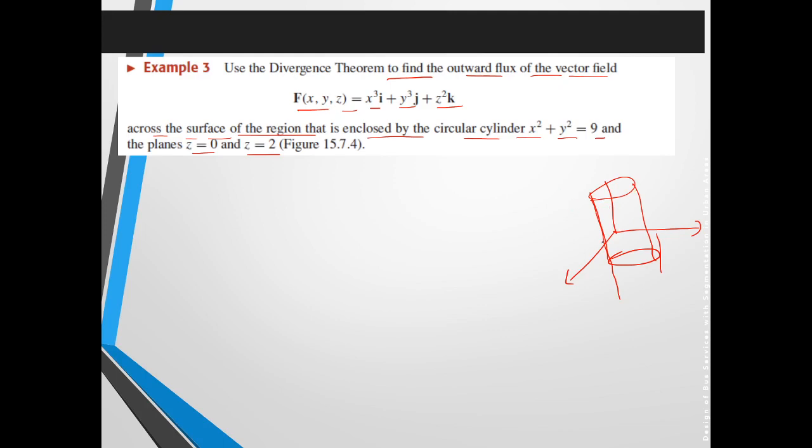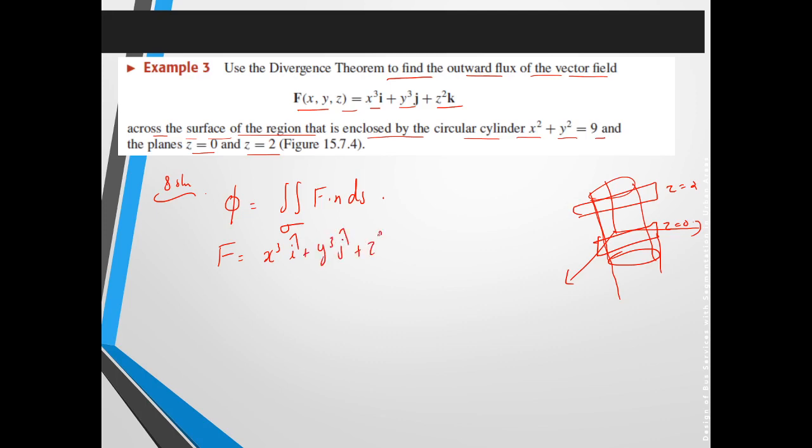So this is cut by the plane z equal to 0 and the plane z equal to 2. Now, the solution. We want to find out the flux. So flux is the double integral over sigma of F dot n dS, and we have F equal to x cube i plus y cube j plus z square k.